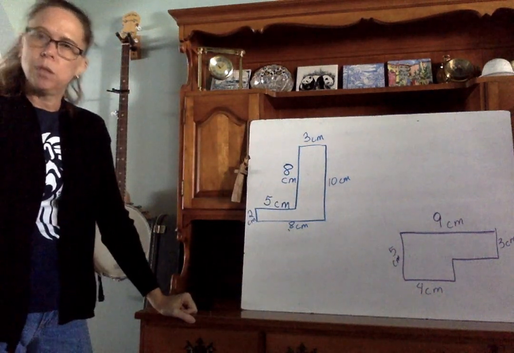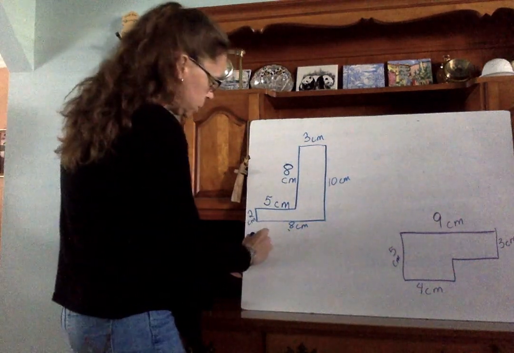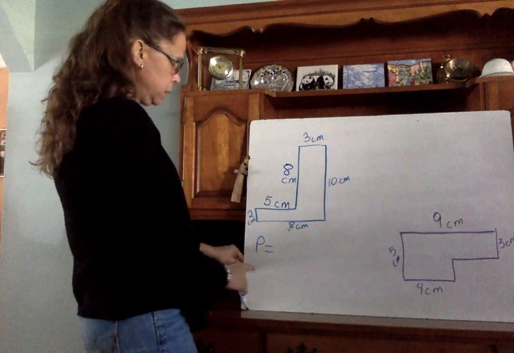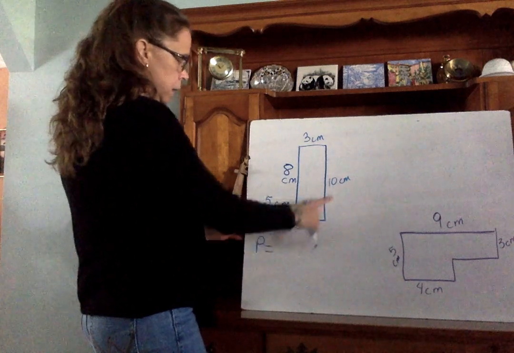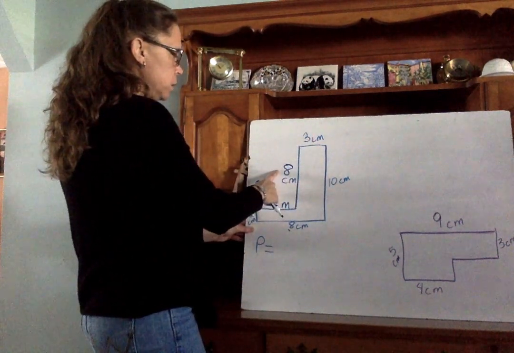Okay, so now go ahead and find the perimeter of this figure. Perimeter. Okay, let's see. 2 and 8 make 10. 10 more is 20. 3 more is 23. 8 more is 31.